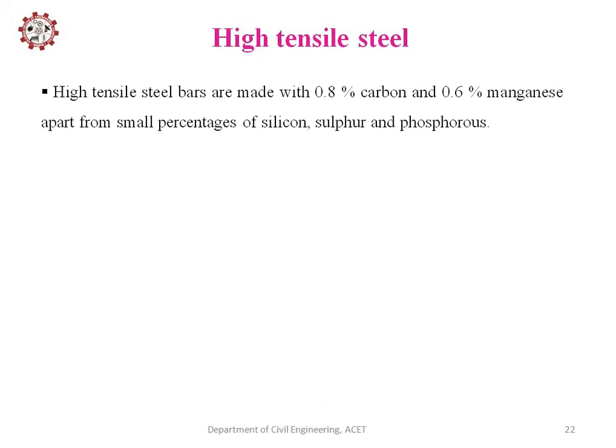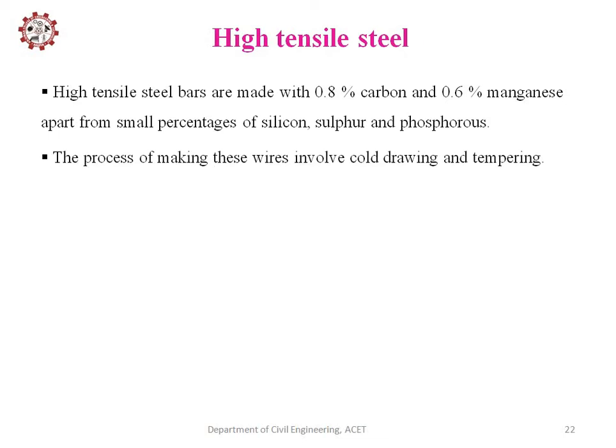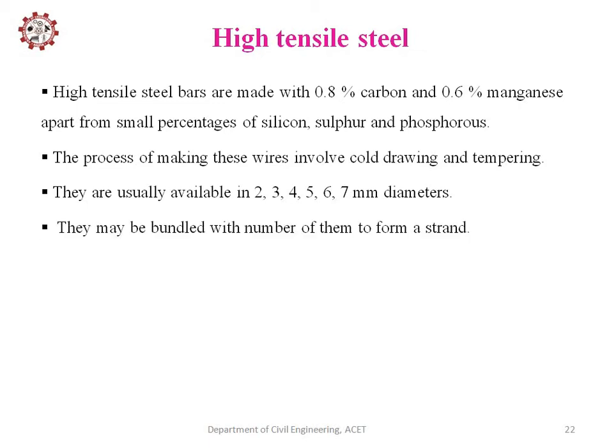Next is your high tensile steel. High tensile steel bars are made with 0.8% carbon and 0.6% manganese, apart from small percentages of silicon, sulfur, and phosphorus. The process of making these wires involves cold drawing and tempering. They are usually available in 2, 3, 4, 5, 6, 7 mm diameters.